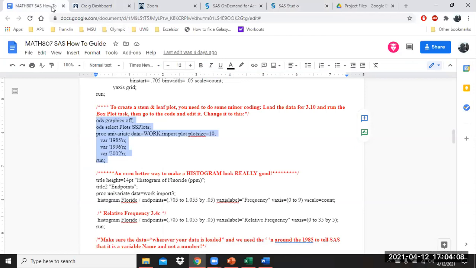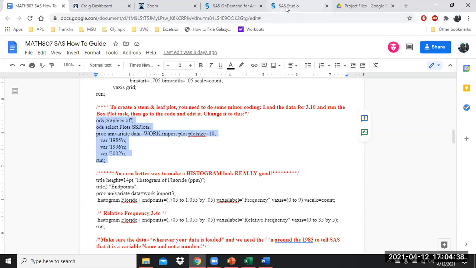SAS how-to sheet. I still have one from when I did all of my SAS work for my dissertation, 15 some odd years ago. Oh God, I think it's closer to 20 now. It's so old. But it has all of the code that I used for my dissertation on it. And if I ever wanted to go back and do the same kind of analysis with SAS, but with a different set of data, I could copy that code over.